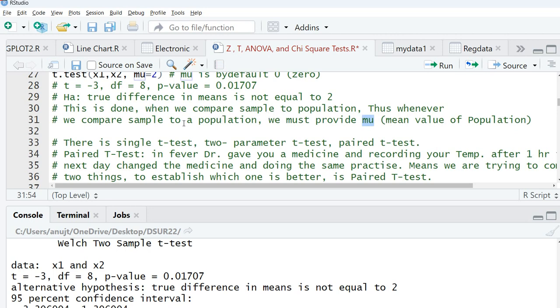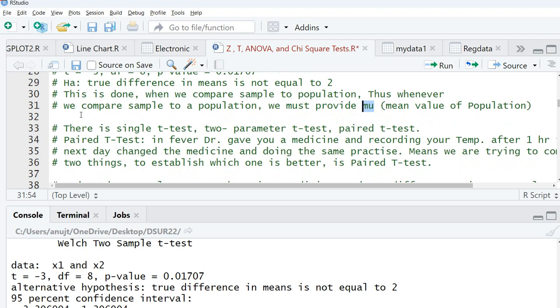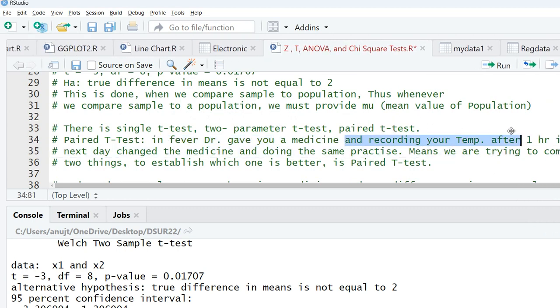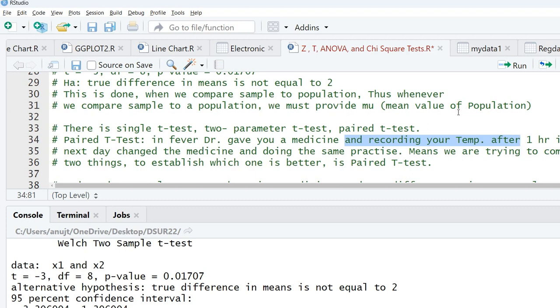Now there are different types of t-test: single t-test, two-sample t-test, and paired t-test. A paired t-test is, for example, if someone has a fever and the doctor gives a medicine and records your temperature after 1 hour. After a 1-hour interval, the doctor checks your fever. The next day, he changes the medicine.